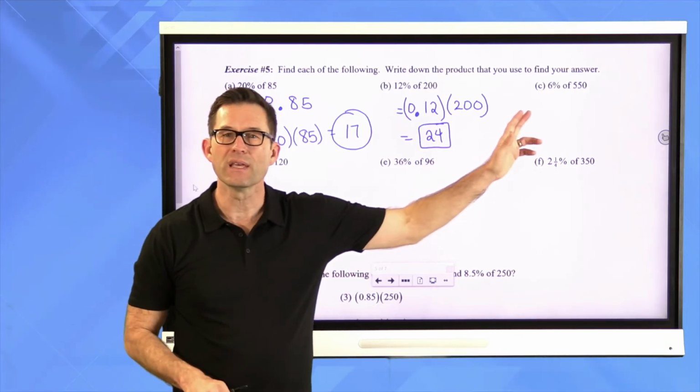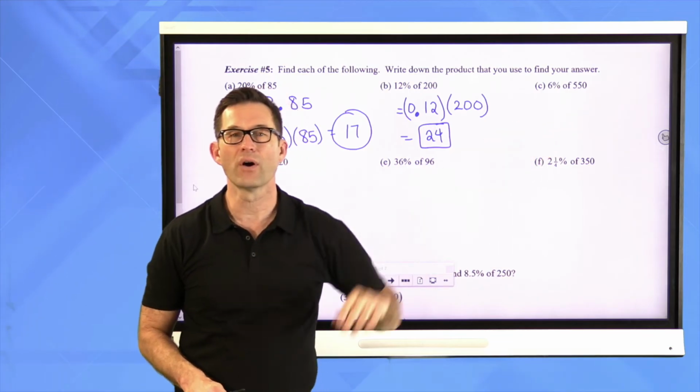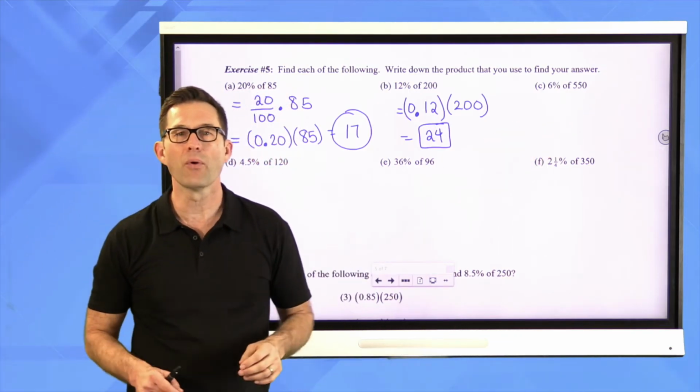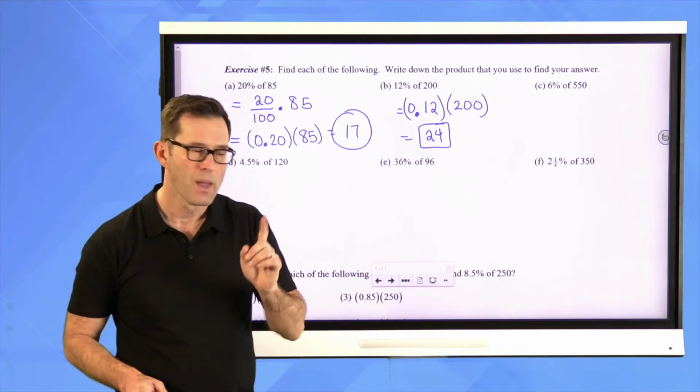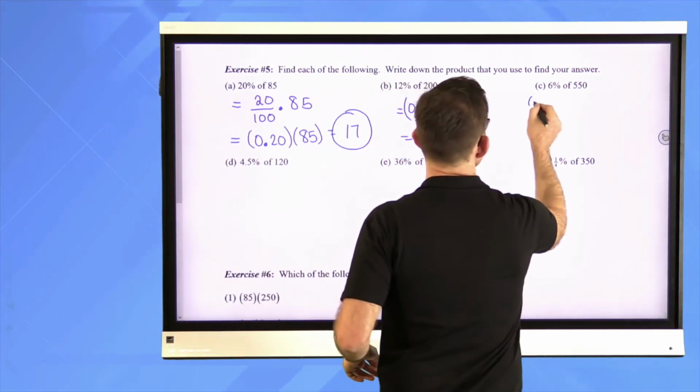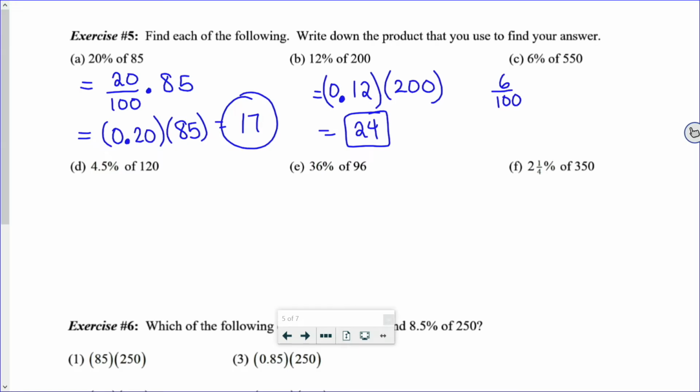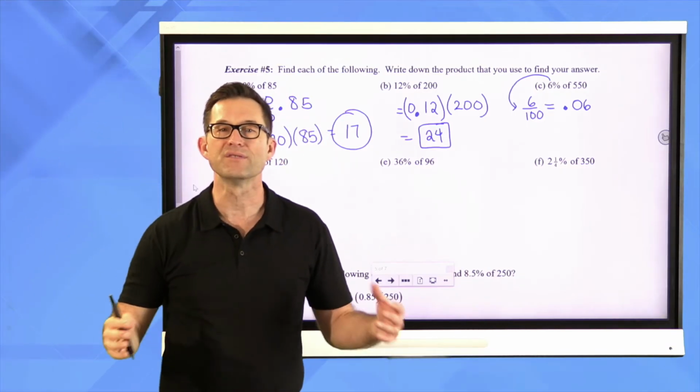Now, letter C, 6% of 550. That can throw people off because some people will say, well, that's 0.6 times 550. But keep in mind that 6/100ths, which is what 6% is, is not 0.6, but it's 0.06.